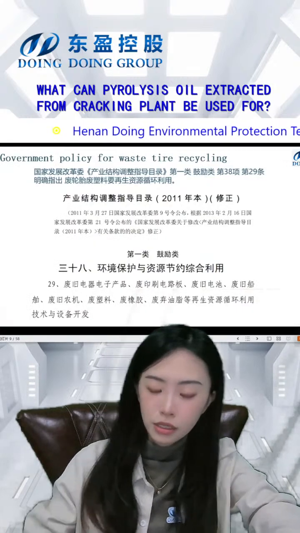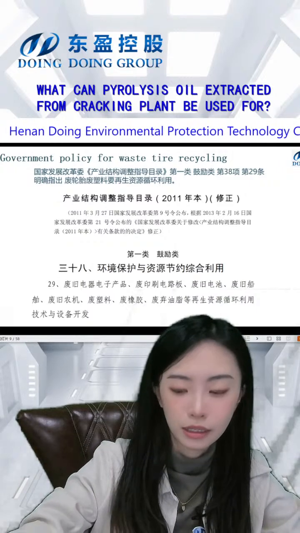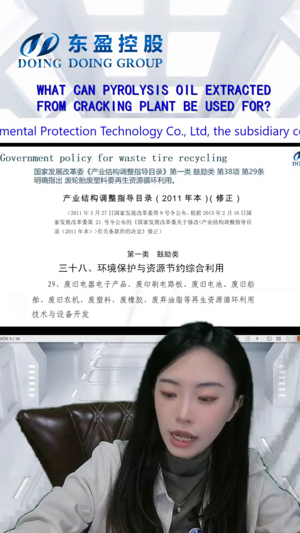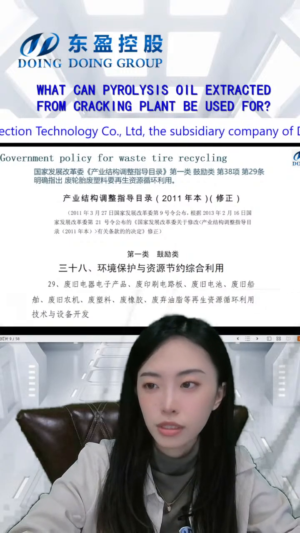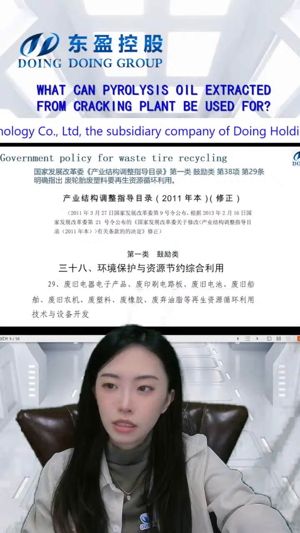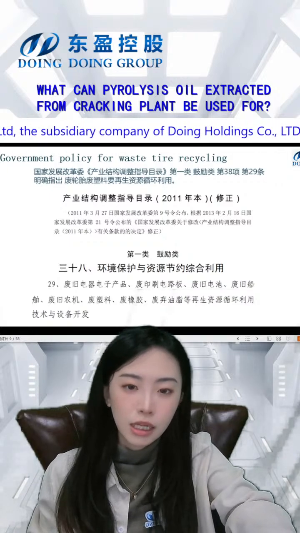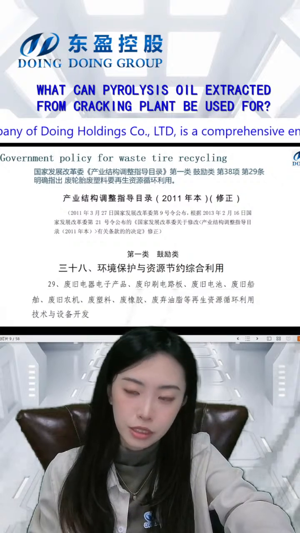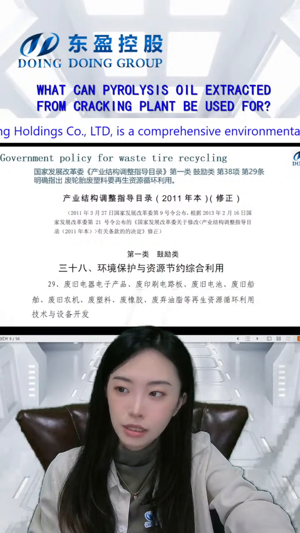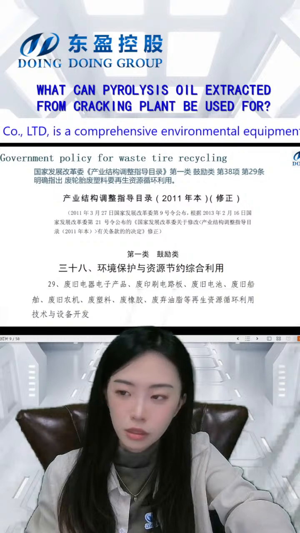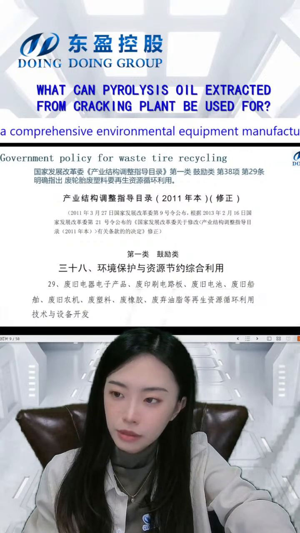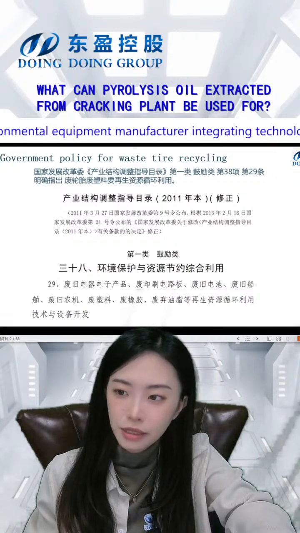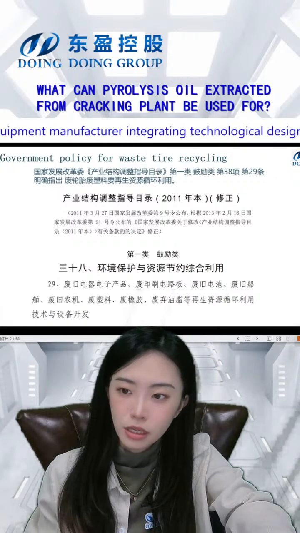And here shows us some policies in China. It shows that our government encourages policies about waste, electric waste, PCB boards, batteries, scrap factories, and some old manufacturing machines, plastic, rubbers, or some oil.